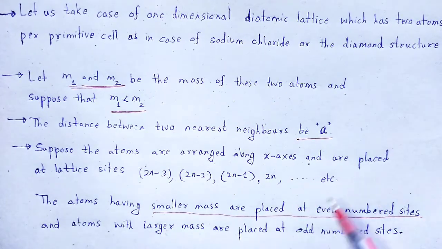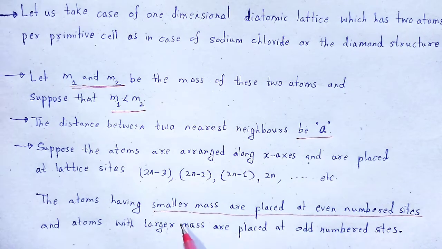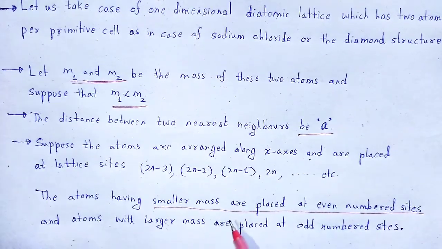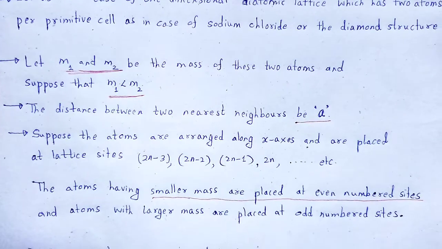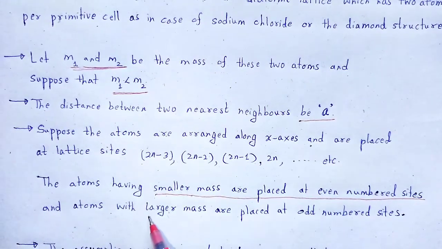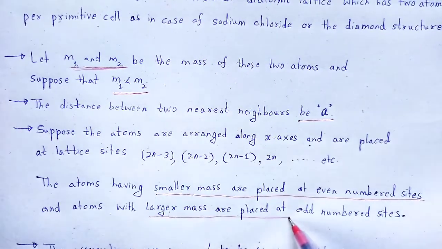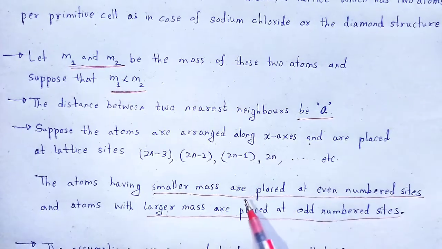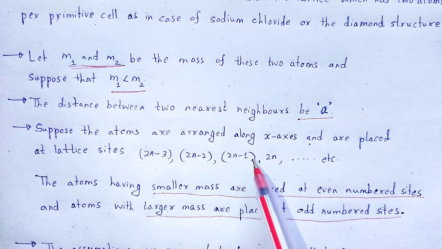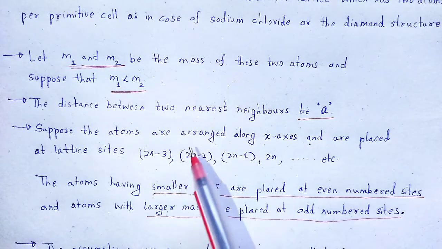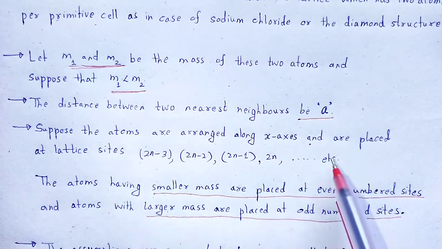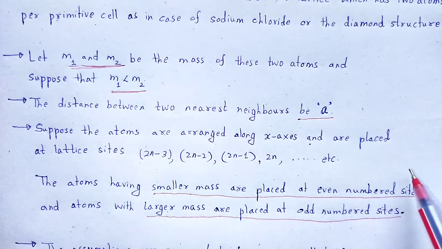At even sites we place the smaller mass atoms, whereas the atoms having larger mass are placed at odd numbered sites, like 2n minus 1, 2n minus 3, 2n plus 1, 2n plus 3, and so on.